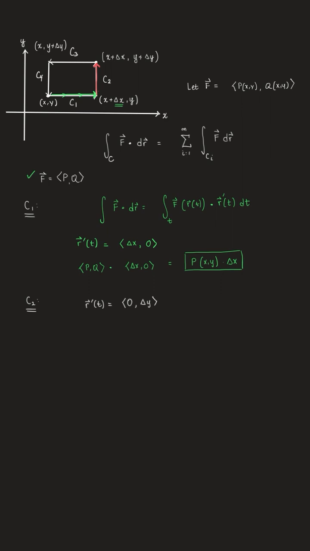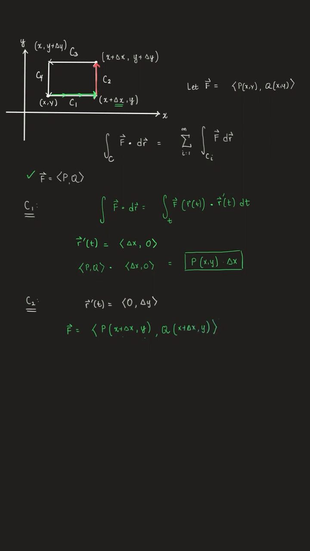And here, if we think about our vector field, now we're dealing with the vector field where P is at (x plus delta x, y). The reason for this is because x is staying fixed at x plus delta x as we travel through C2, but y is changing. And Q at (x plus delta x, y).